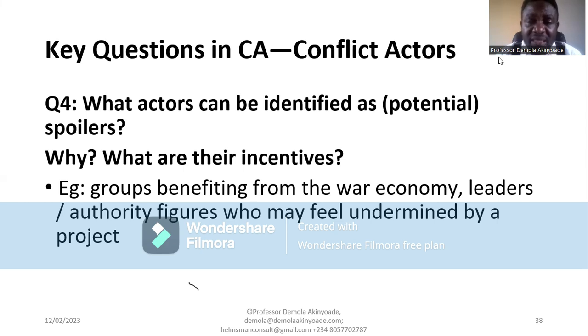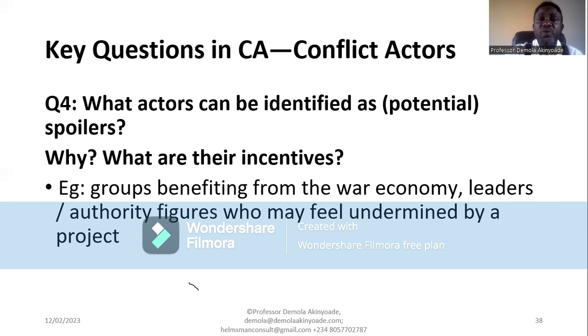But what we are saying is that you should be conscious that there are some actors that will work at cross purposes to your conflict management, and you cannot afford to be docile about such actors. You have to be conscious of them and find a way of containing them.